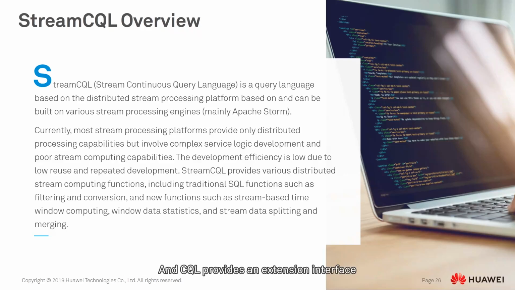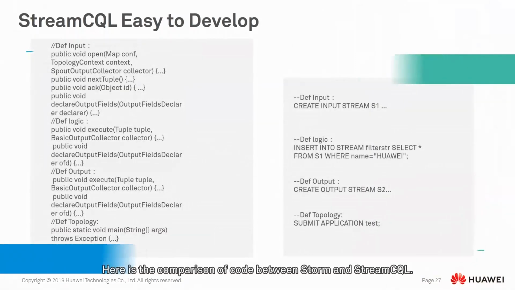And CQL provides an extension interface to support increasingly complex service scenarios. Users can customize the input, output, serialization, and deserialization to meet specific service requirements. Besides, CQL provides detailed explanation of error codes, facilitating users to rectify faults.